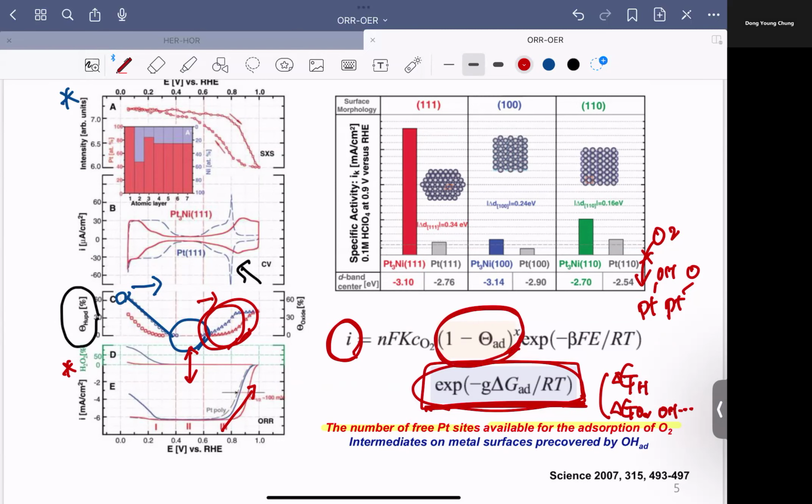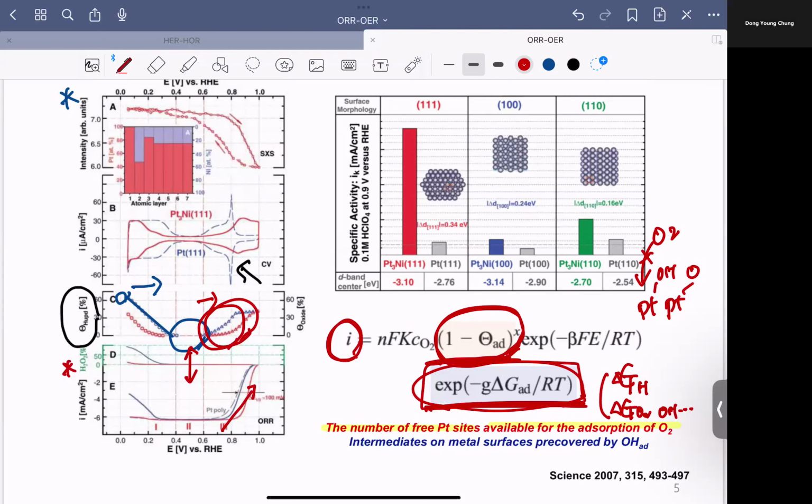So this is the key descriptor when you design your electrocatalysis, right? But most people do not consider this factor. Because if you synthesize platinum nanoparticles, for example, people figure that it is platinum, so we can conjecture that all of the surface can be an active site.